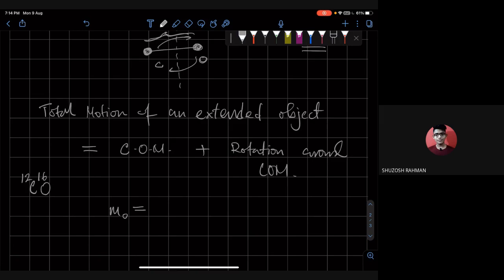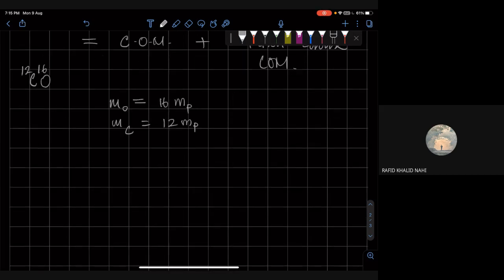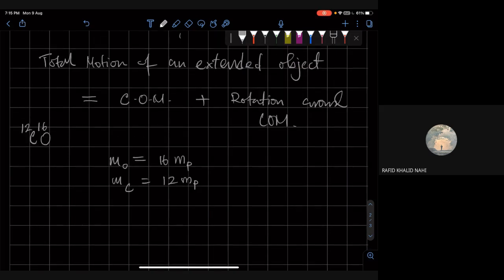Not just 16 times some constant. What is the constant's name? The mass of the proton. Right. And what is M_C? Twelve times the proton mass. Good.